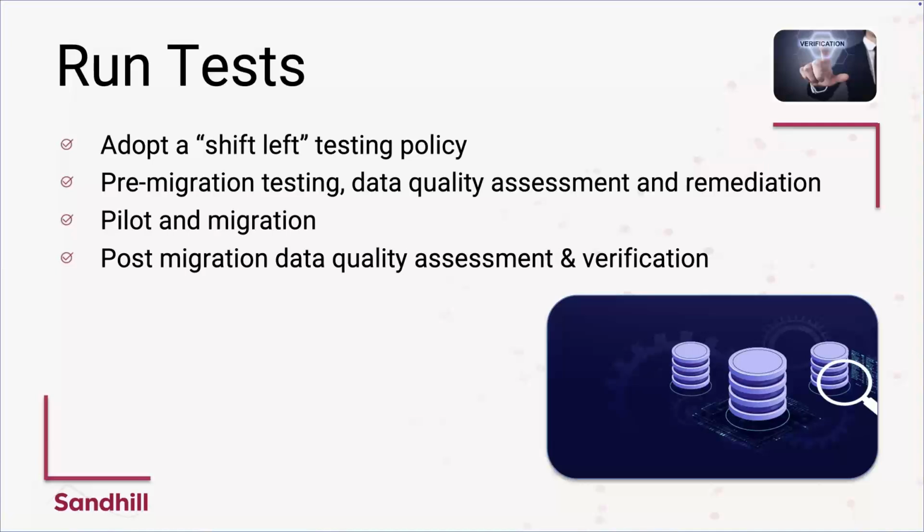Continuously test. You could even automate your tests as well, and then ensure that you've got accurate, complete, functional data, that performance is as good, if not better, than the system it was in, and make sure that the security and user access controls are in place for the new system that you move the information to.